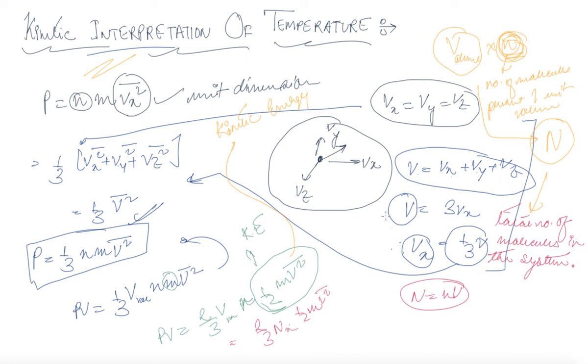Okay. So writing this in a new slide, we have PV equals 2 upon 3 N. N came from small n into V into half mv square average.